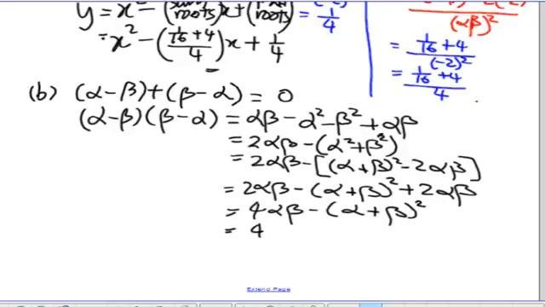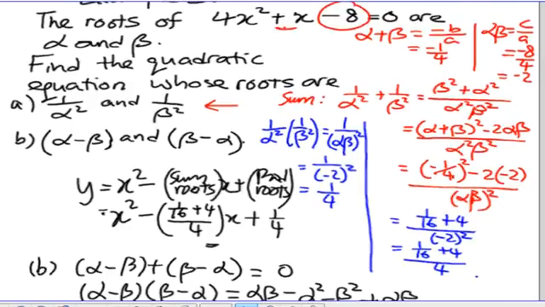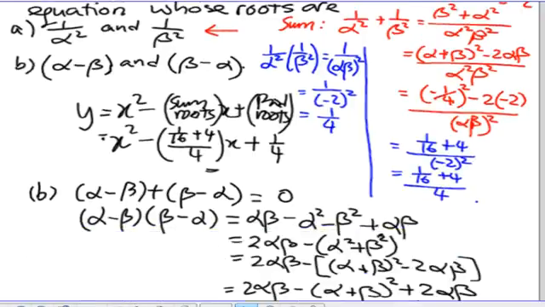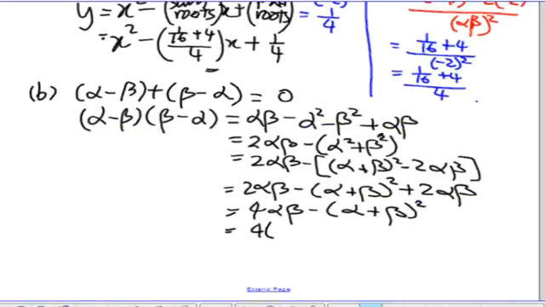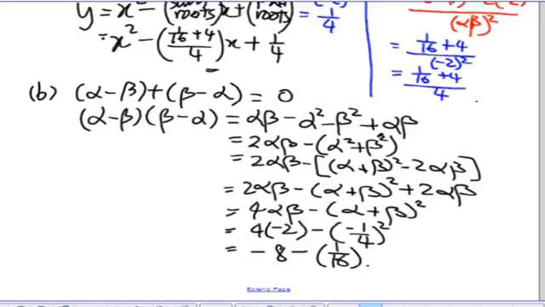So remember what is alpha beta? Our alpha beta from above is -2, and then alpha plus beta is -1/4. So 4 times -2 minus -1/4 everything square, quantity square. So I have -8 minus 1 out of 16. So that will be -8 and 1 out of 16.